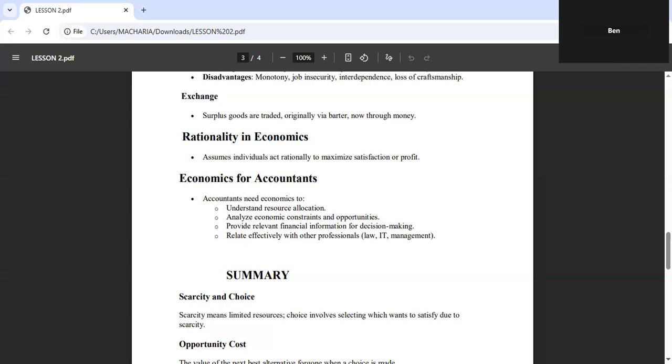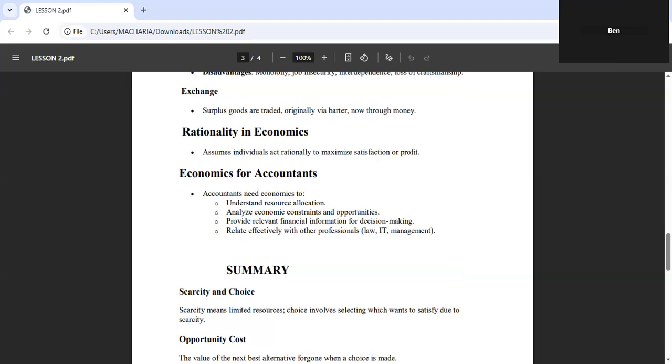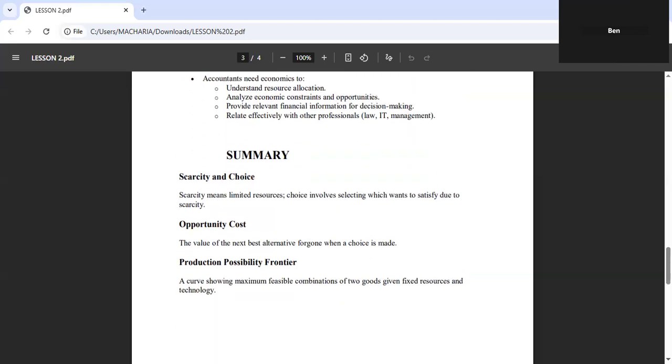Now, having mentioned all this, we ask ourselves, what have we gone through today? In summary, we have discussed scarcity and choice, and scarcity means limited resources. Choice involves selecting which one to satisfy due to scarcity. Scarcity and choice go hand in hand.